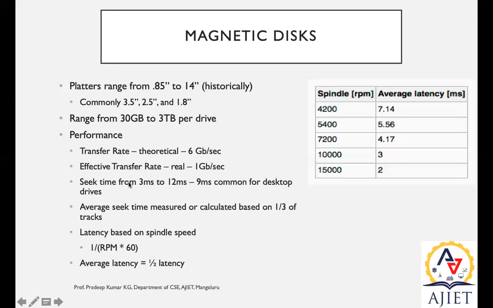What will be the seek time to trace out which platter? The seek time ranges from 3 milliseconds to 12 milliseconds, but on average we may have 9 milliseconds. It is common for all desktop drives, which may include your laptop or your portable hard disk as well.